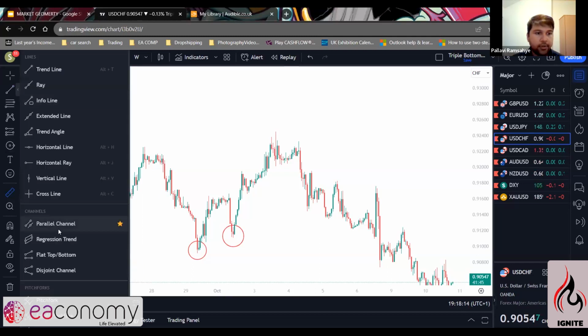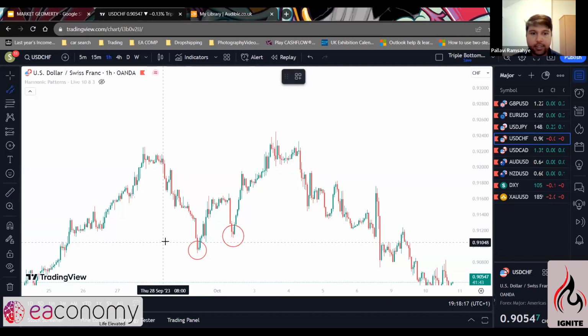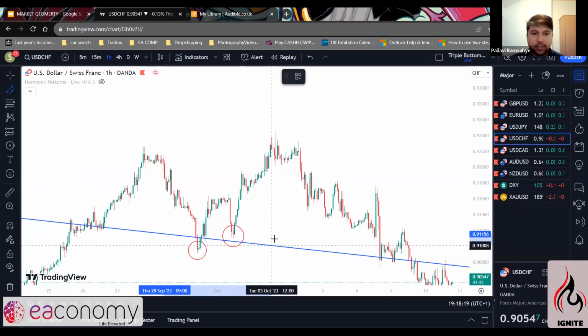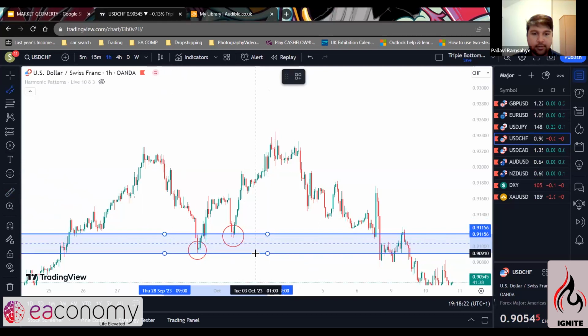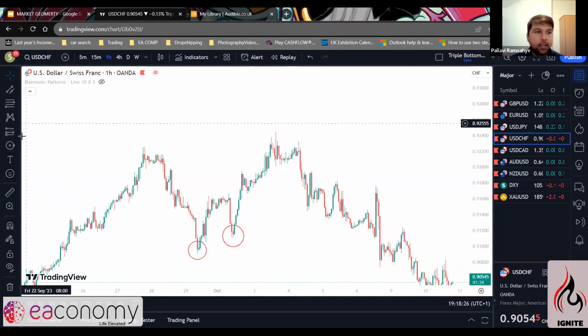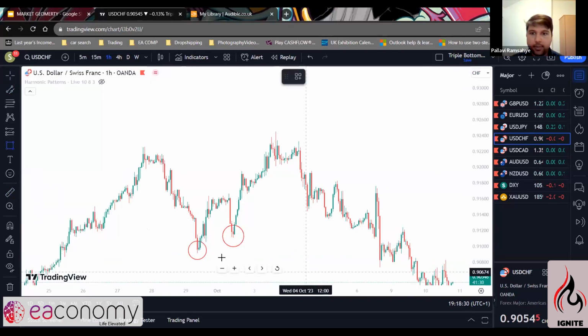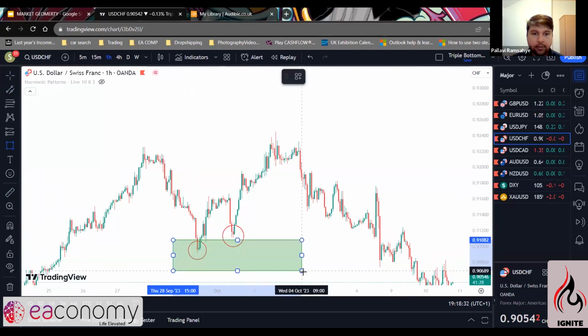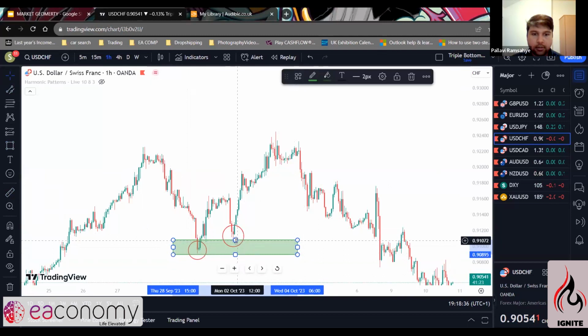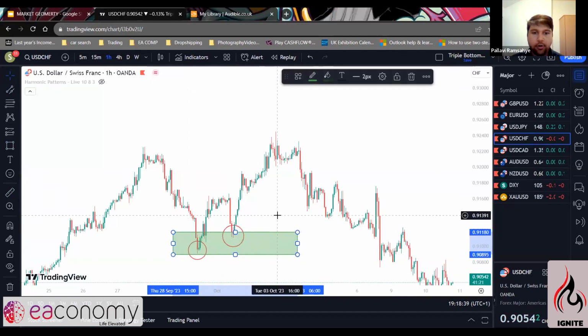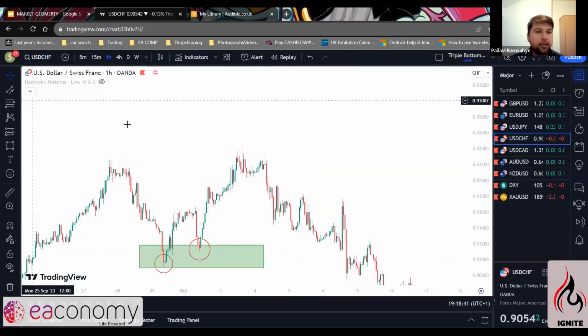I'm looking for the parallel channel. There it is. Actually, I'm going to change that. Let's use a different pattern. Let's use the rectangle pattern. So right here, you can see the support. And then with regards to the resistance, we're looking for that swing high.